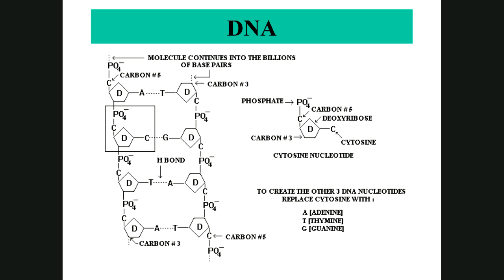Obviously, since there's 4 different bases, Cs, Ts, As, and Gs, there can be 4 different nucleotides. And when you are creating new DNA in your body, like when cells replicate and have to make new cells, you actually link these nucleotides together to make your DNA. They are the monomers of the DNA polymer.